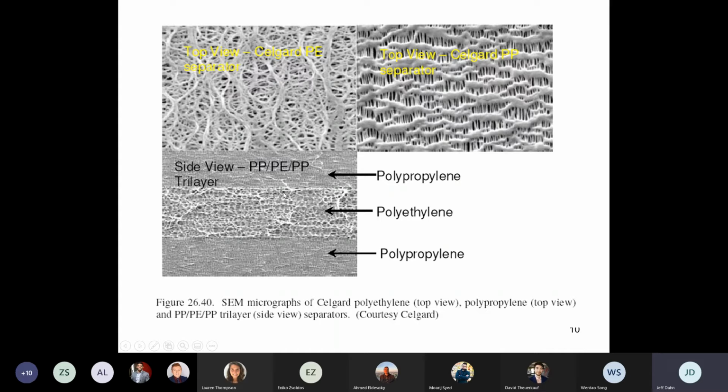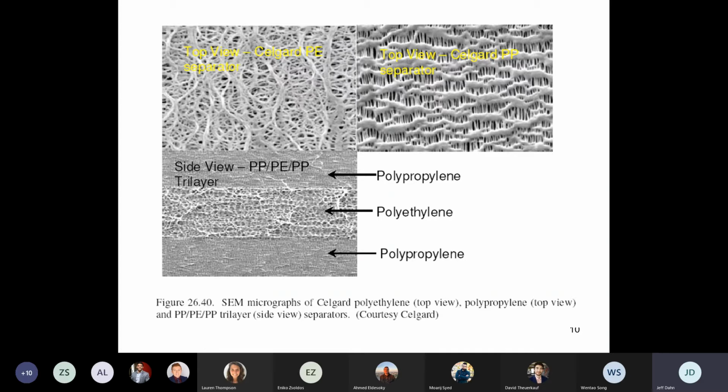Polyethylene melts at 130 degrees C. Polypropylene melts around 155 degrees C. So if you have a lithium-ion cell with a polyethylene only separator, and that cell gets heated to 130 degrees or so, the polyethylene separator will melt, and it might shrink. And if it shrinks, the electrodes will touch, and you'll have a safety problem.